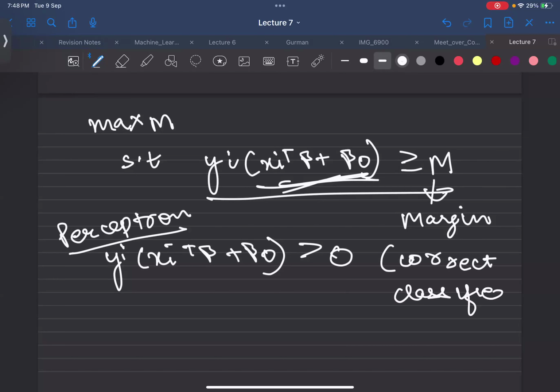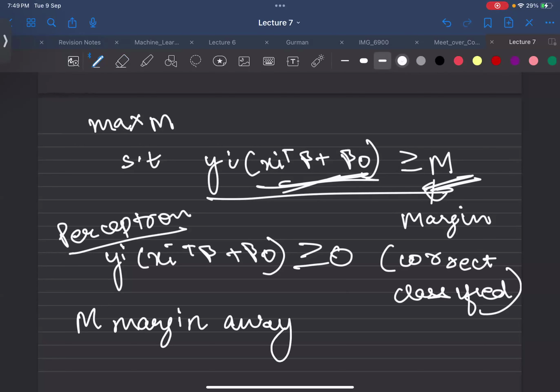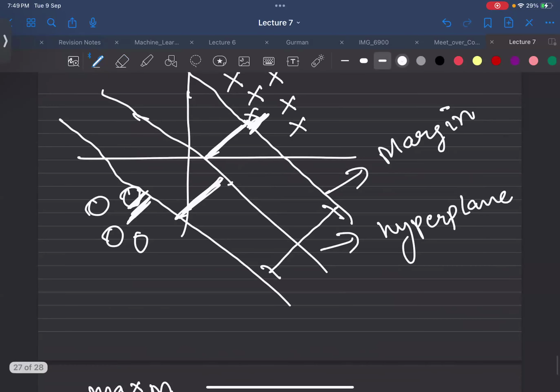Now I'm saying it is greater than or equal to m. Not only should they be correctly classified, but they should be at least m margin away.